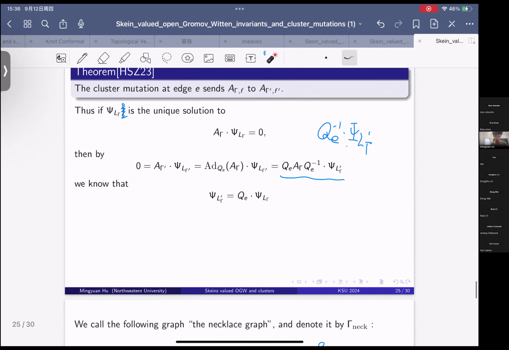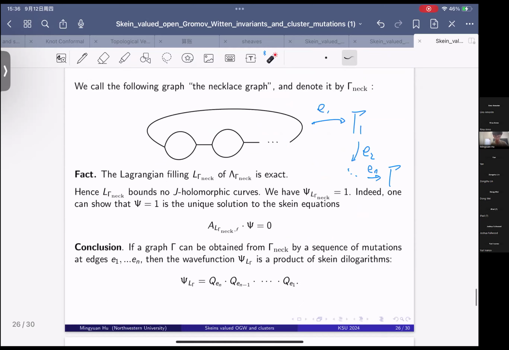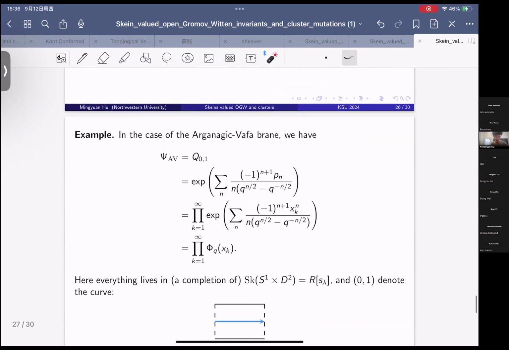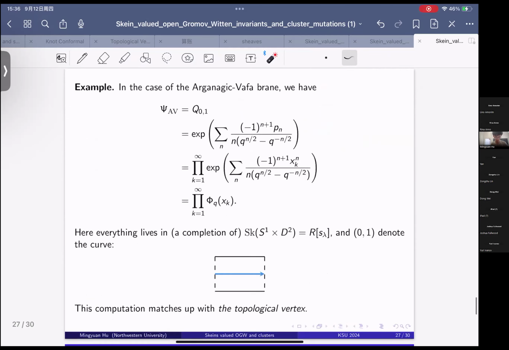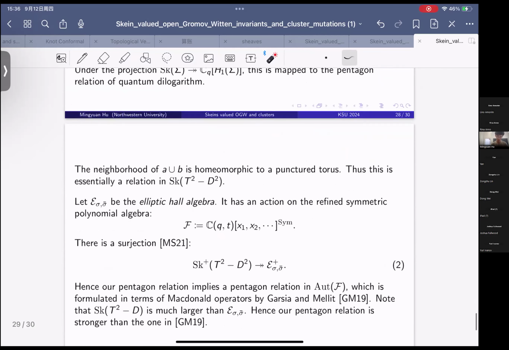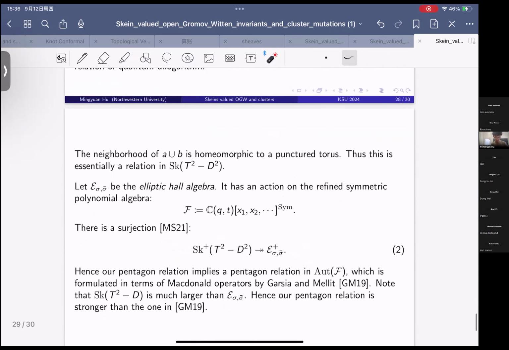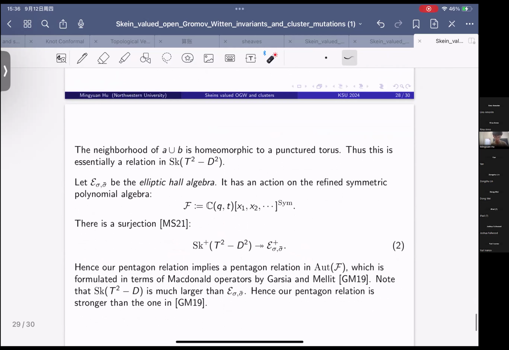And then your skein algebra has a homomorphism to the quantum torus. Yes, it kind of resembles our old story with Maxim about these Hall algebras with a homomorphism to the quantum torus.